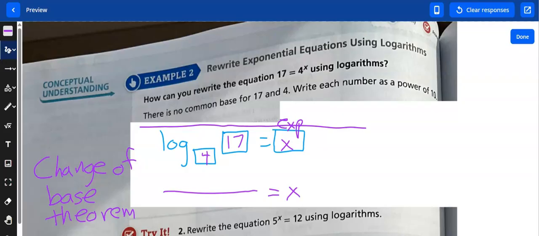Come on, stay with me. How do I change that to something I can use my calculator with? I'm looking for this on the test. Any test or quiz, I'd be looking for this one step. What is it?